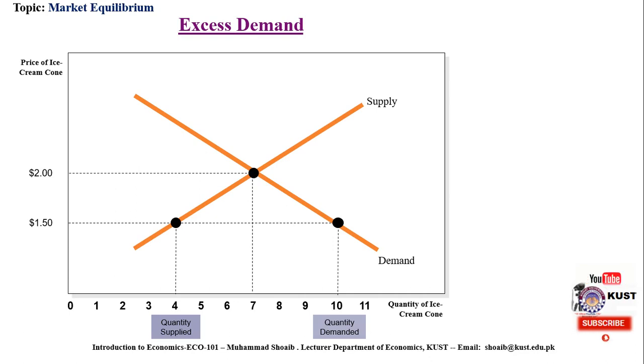When the price increases, the supplier will be encouraged to supply more units of the commodity, and the people whose purchasing power falls short of that price will go out of the market, and we will move back to the equilibrium point, the previous equilibrium position at $2 and 7 units of the commodity.